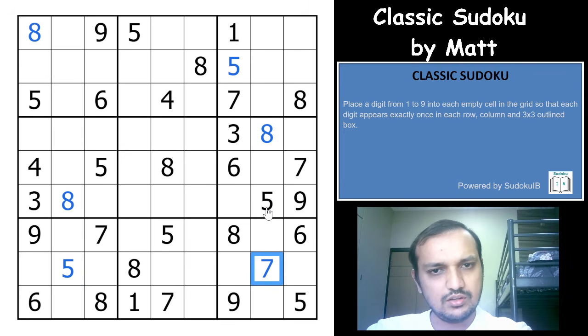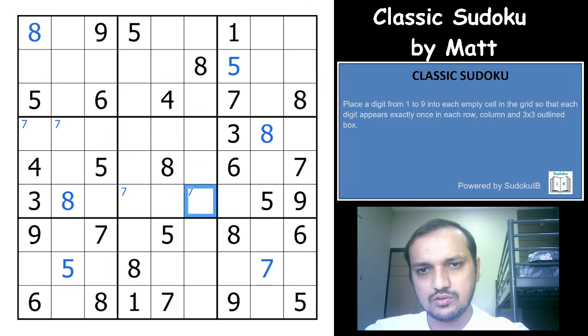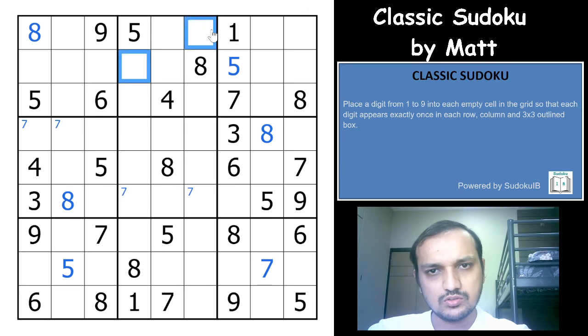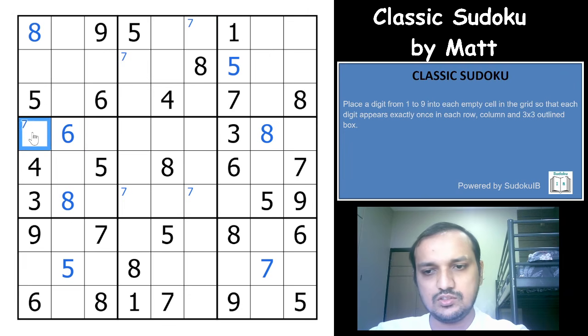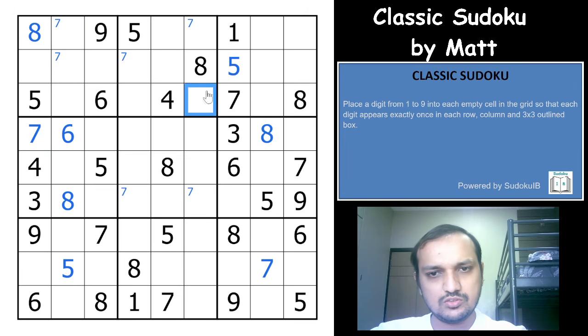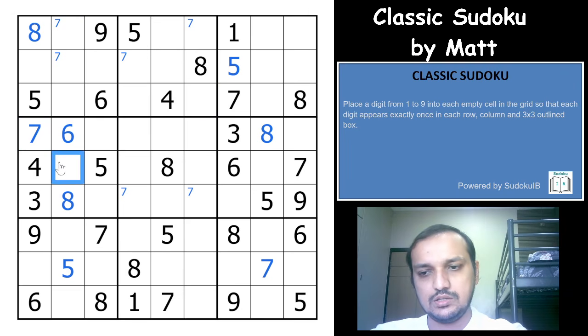This is a 7 here. 7 is in one of these two cells. That gives you 7 in one of these two cells. 7 in one of these two cells, right? We get a 6 here. That gives you a 7 here. That gives you a 7 in one of these two cells. That gives you a 9 here.